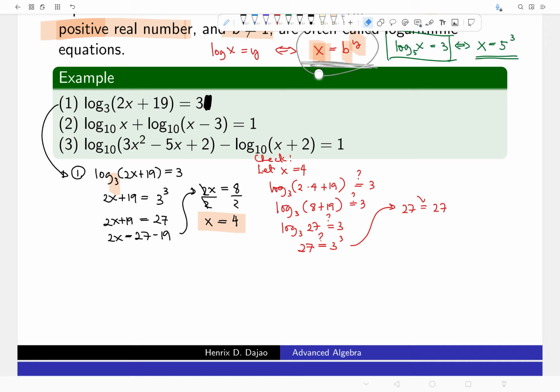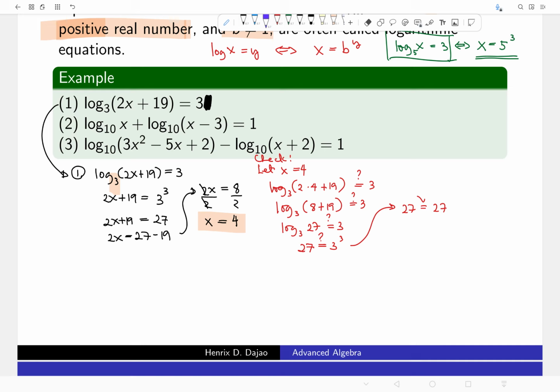We do that by applying the property that we have learned in our discussions about the properties of logarithms.